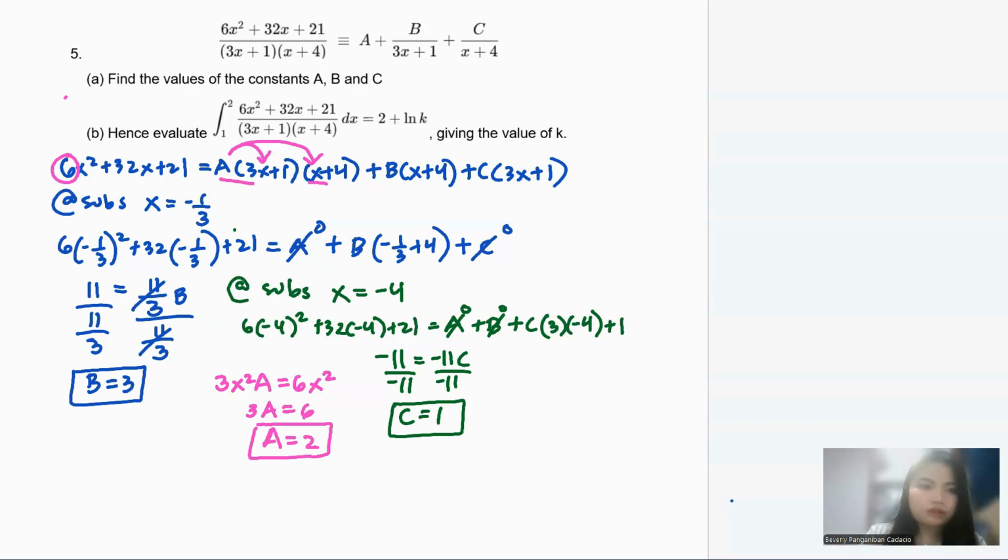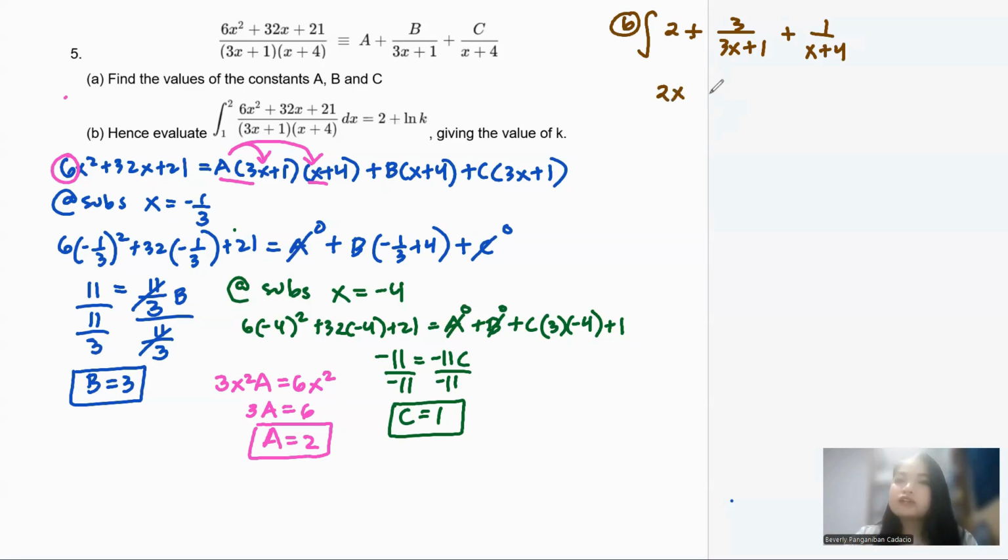I will be doing that on the other side. Make sure that you are correct in letter A before you do that integration. This is the purpose of partial fractions: it's easier to integrate things if they are already in partial fractions. Okay, 2 plus, I'm just rewriting, 3 over 3x plus 1 plus 1 over x plus 4. We're just integrating them one by one. The integration of 2, you're going to have 2x.